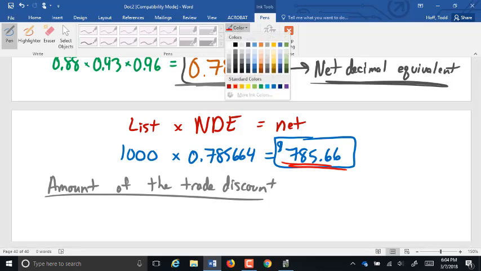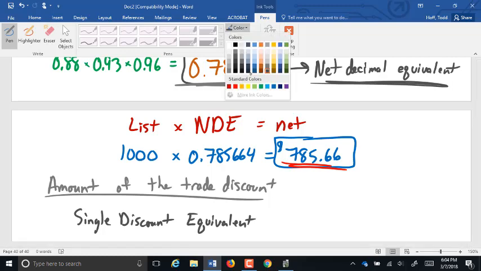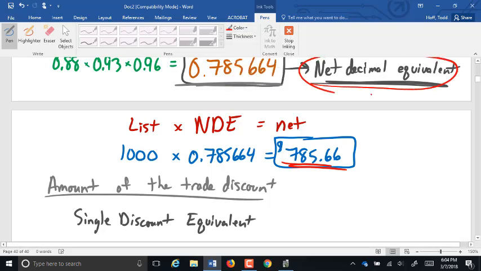But there is another rate that we use called the single discount equivalent. And it is found from this net decimal equivalent. We find it by taking 1 minus the net decimal equivalent.